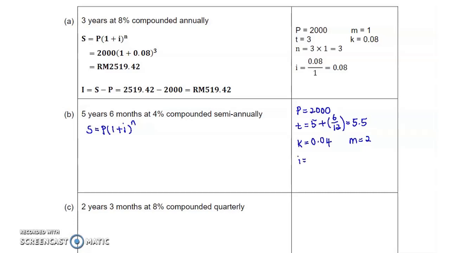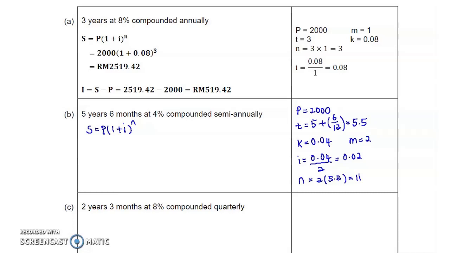Calculate value i first: i equal to k over m, so 0.04 divided by 2 equal to 0.02. And value n, m times t. M equal to 2, t equal to 5.5, so 2 times 5.5 equal to 11.